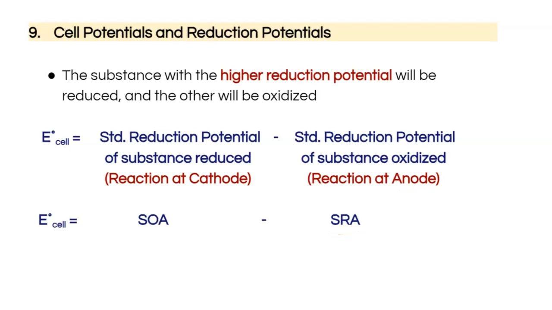I like to sum it up that our standard cell potential is our SOA value minus our SRA value, just to simplify it. Let's take a look at an example.